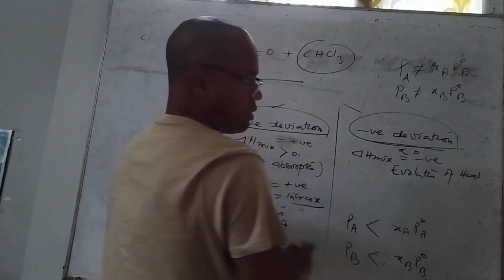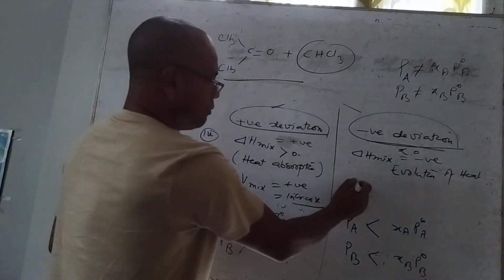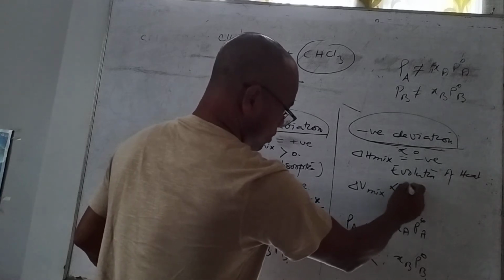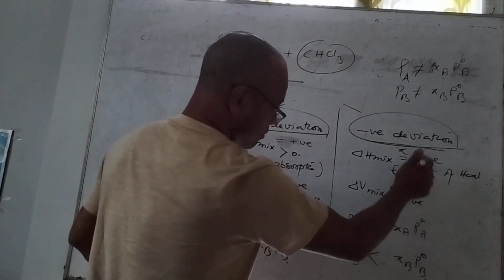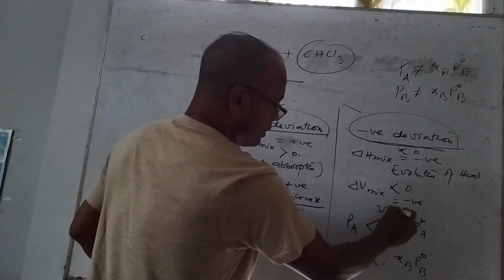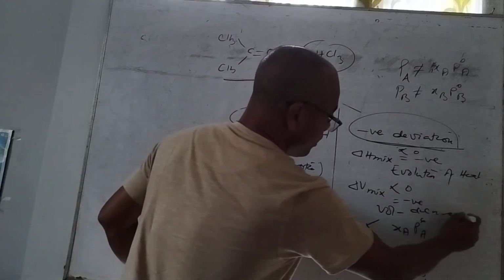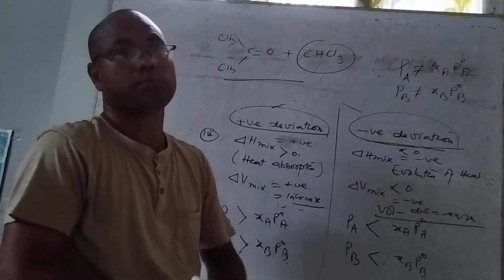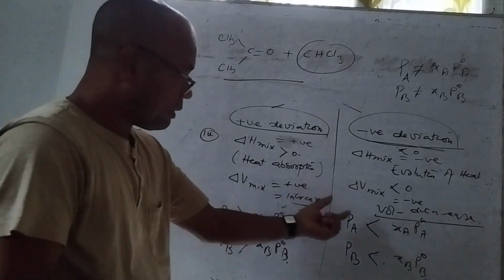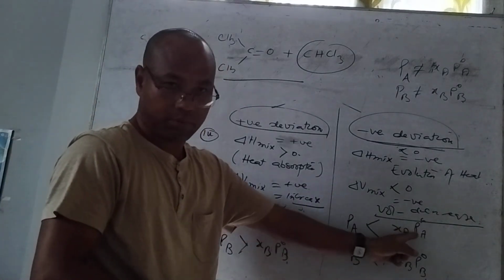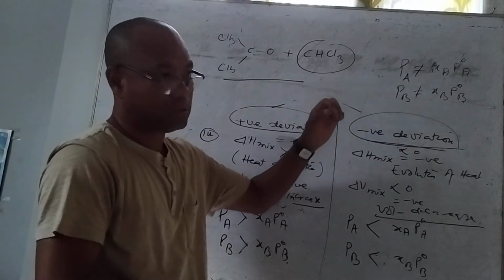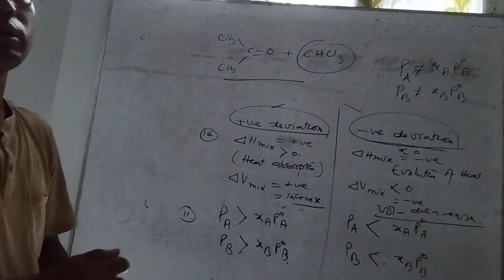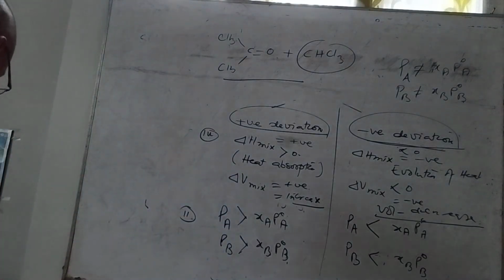The volume of mixing is also less than 0, a negative value, which means the volume will decrease. If the volume decreases or heat is evolved, that type of non-ideal solution is negative deviation.